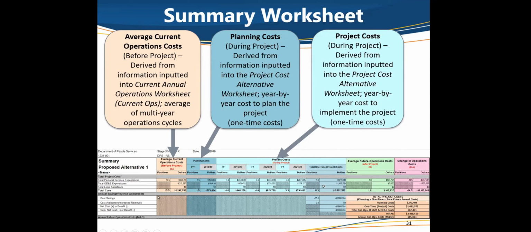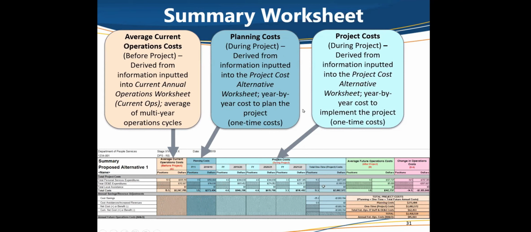So again, going over this, I know we went over it a little bit, but this is the average cost of the current operations. And when we get into that current operations tab, I will show you how you get the average. Planning costs are the year by year costs for planning. The planning is, of course, stages 2 through 4, and it's the one-time costs.